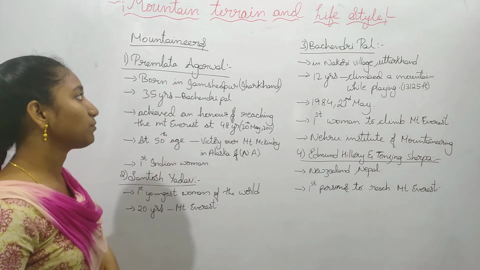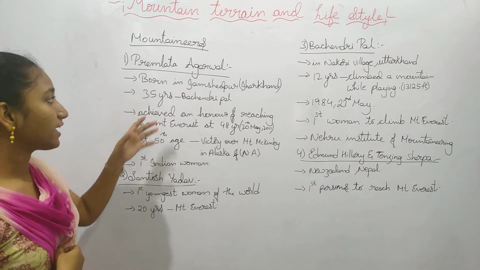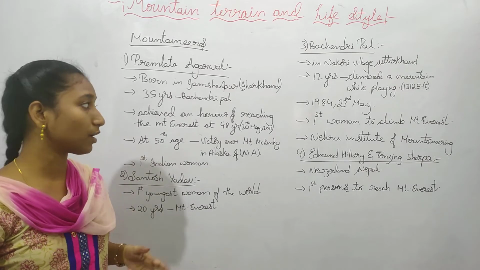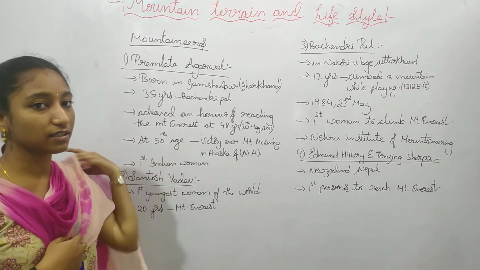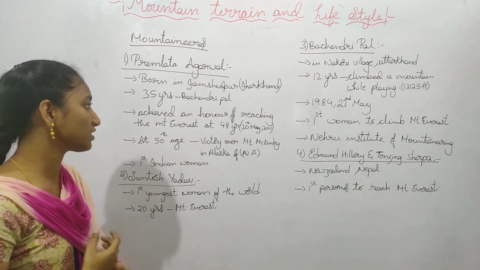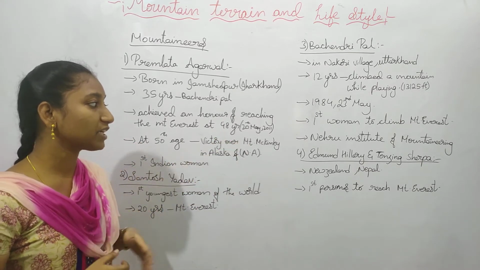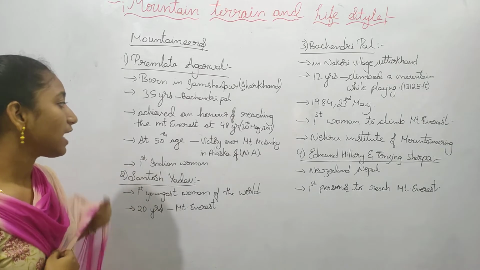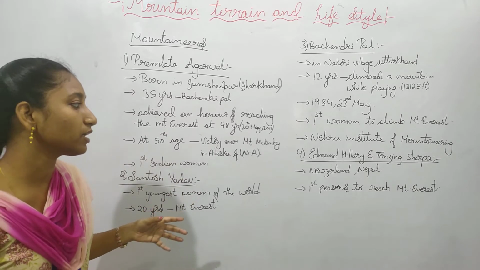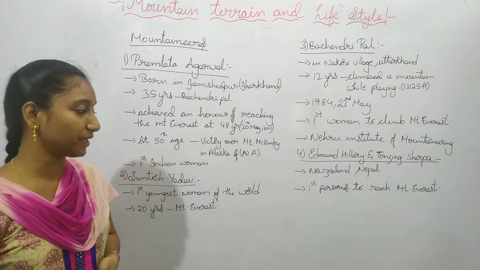The first one is Premlata Agarwal. She was born in Jamshedpur, Jharkhand. At the age of 35 years, with the encouragement of Bachendri Pal, she started climbing mountains. She achieved the honor of reaching Mount Everest at the age of 48 years on 20th May 2011, and at the age of 50 she achieved a victory over Mount McKinley in Alaska, North America.